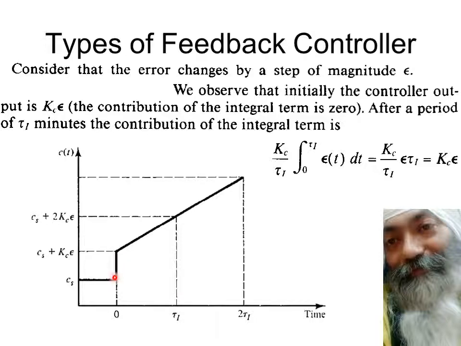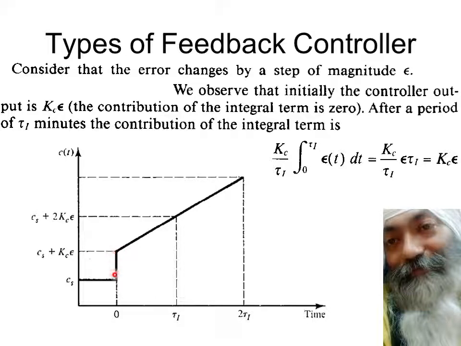Now this effect will be repeated. I've been telling you it will be getting repeated. What is going to be repeated? This effect of the proportional controller, that is Kc into epsilon. It's going to be repeated after how much time? After tau I. Then after another tau I, it's again repeated. It will go on moving up and up as long as this error epsilon remains.